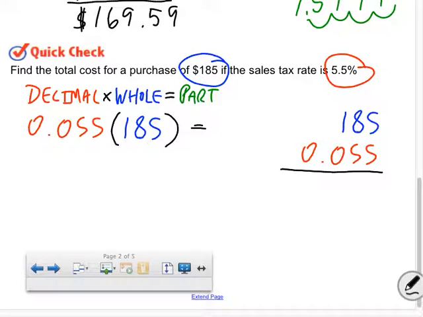Okay. 5 times 5, 25, carry the 2. 8 times 5, 40 plus the 2, 42, carry the 4. 5 times 1 plus the 4, 9. Now before I go taking care of the next 5, I have to put a place value. And now you probably see why I went ahead and multiplied it that way. Okay. Add all that up.